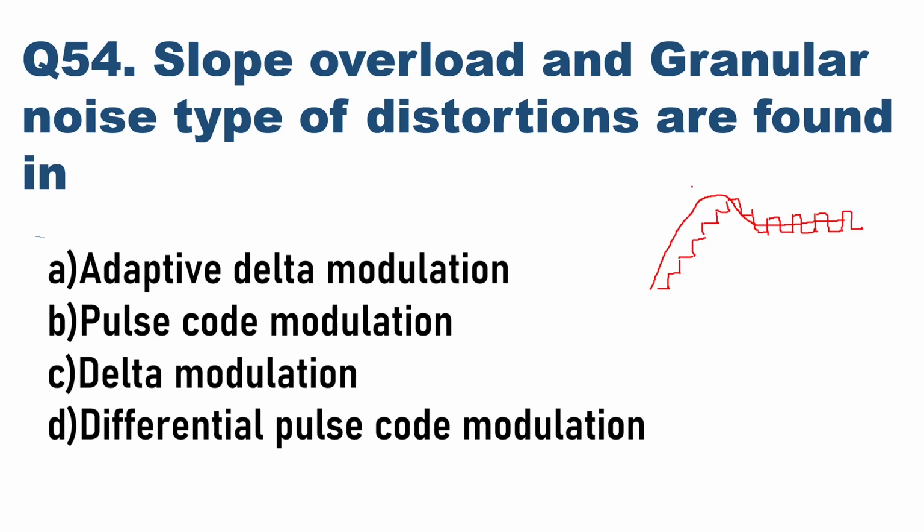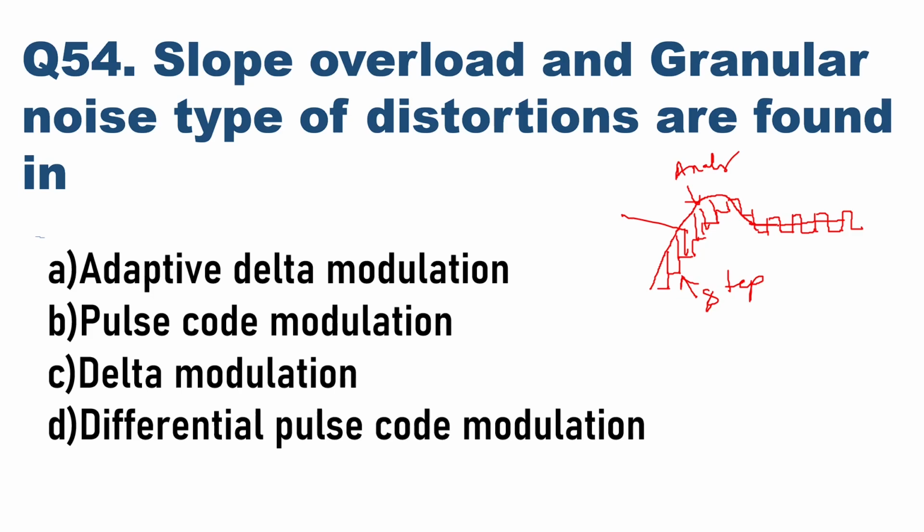Then the step that is hunting the analog signal will not reach the analog signal for some time when the signal is steep, and this will be the error called slope overload distortion.